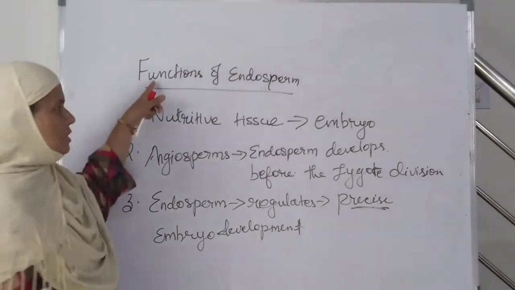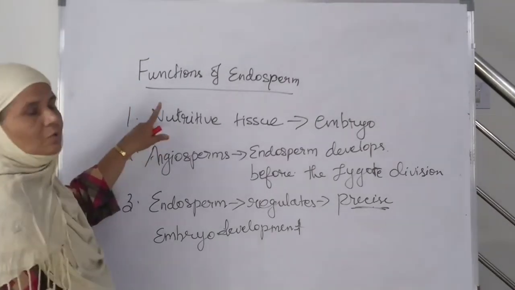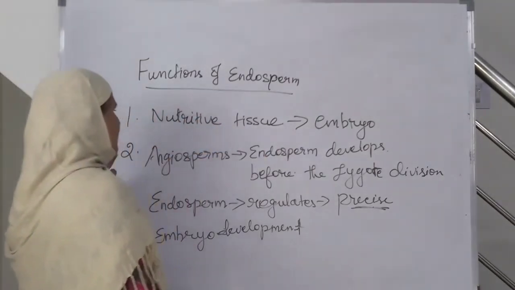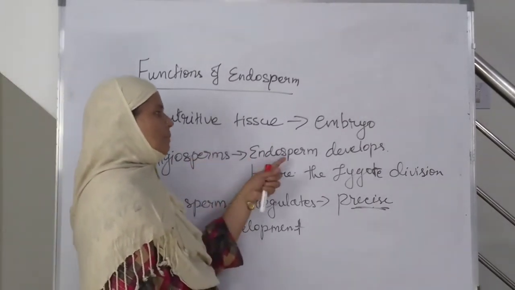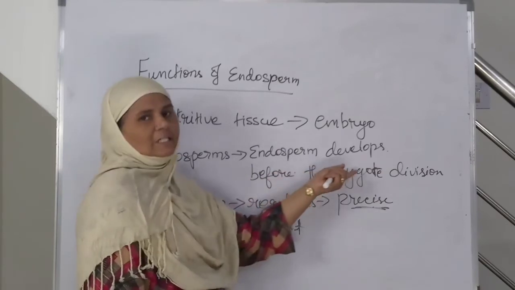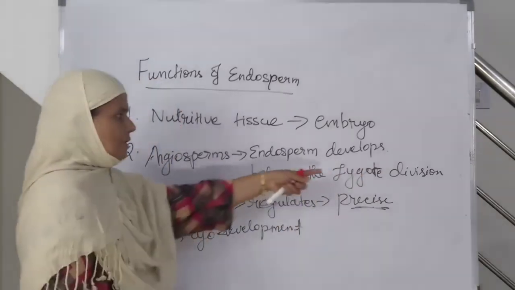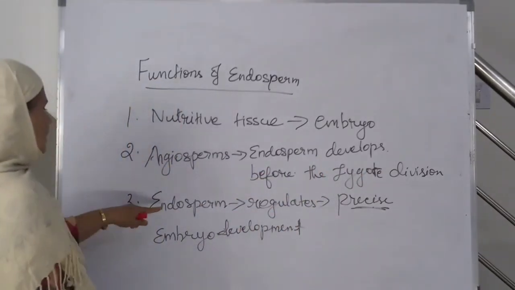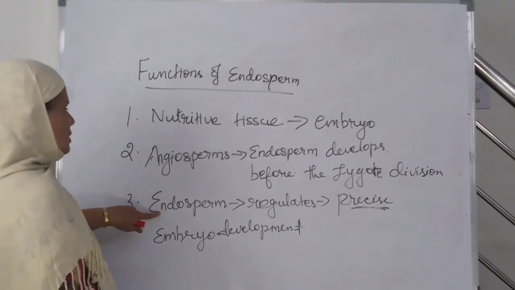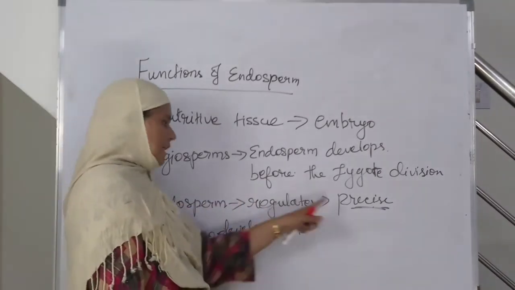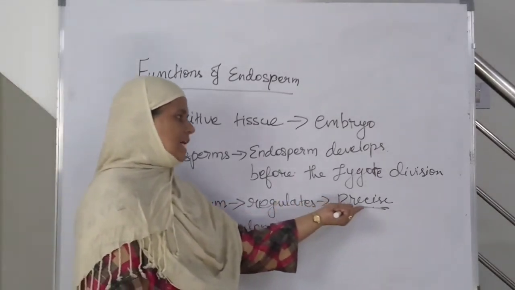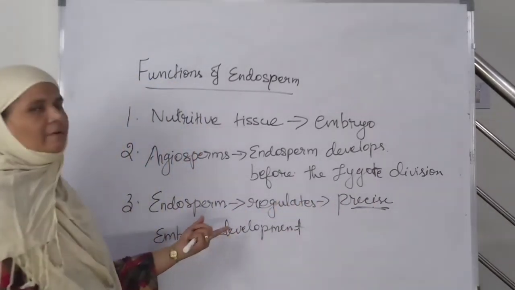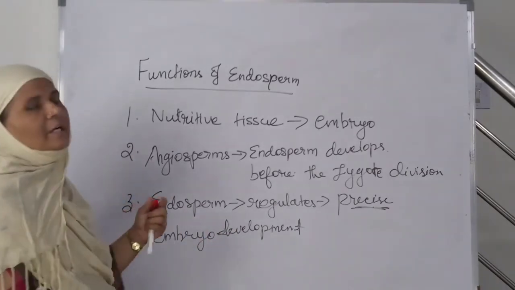So the functions of endosperm: it is a nutritive tissue for the developing embryo. In angiosperms, first the endosperm completely develops before the zygote starts its division. The endosperm also regulates the exact mode of embryonic development. These are the functions of endosperm.